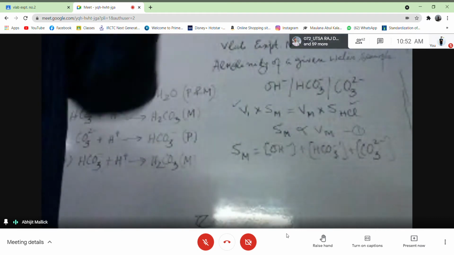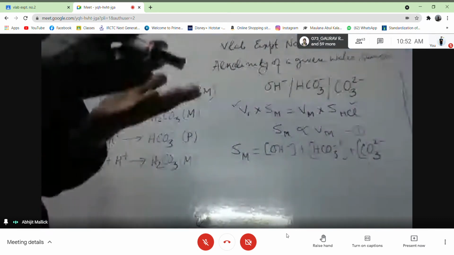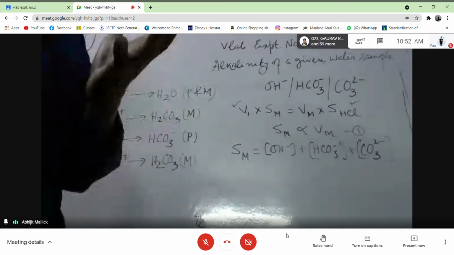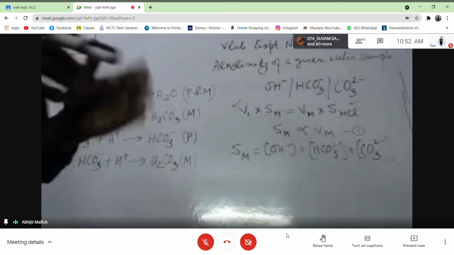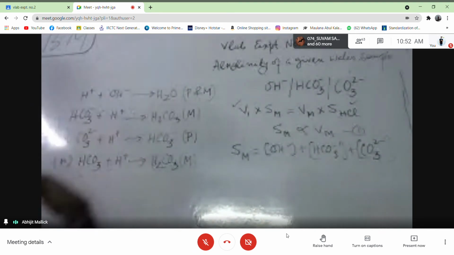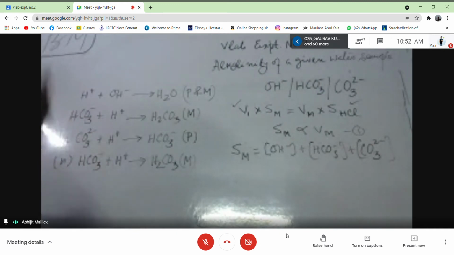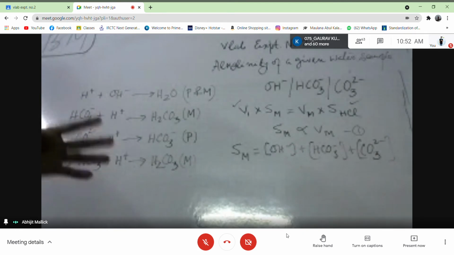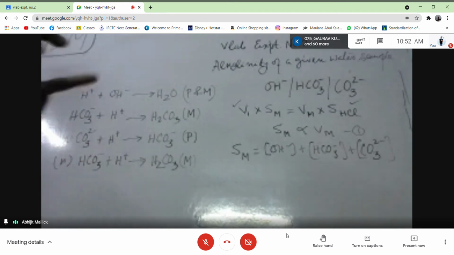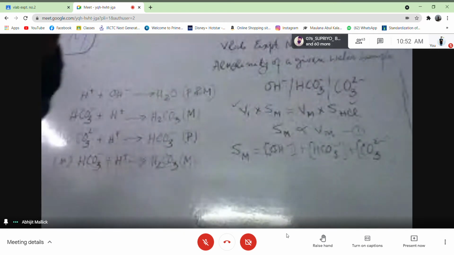If you are asked to determine only total alkalinity, only methyl red is enough. But phenolphthalein cannot determine the total alkalinity or individual alkalinity. So phenolphthalein alone is not enough, but methyl red alone is enough to determine the total alkalinity. However, individual concentrations can be determined using two indicators only.